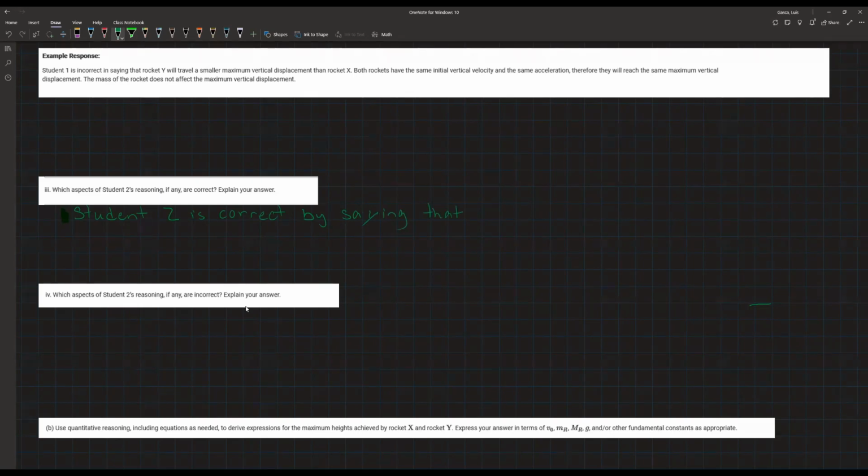Saying that both rockets have the same vertical displacement, since they have the same initial velocity and acceleration during their motion, or during their ascent. Any questions on this one?